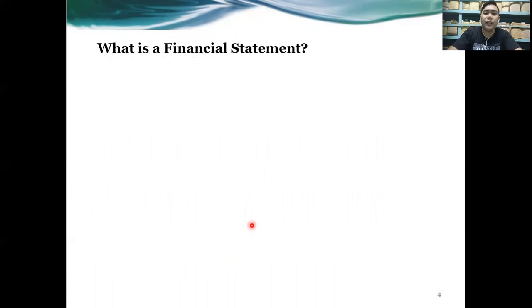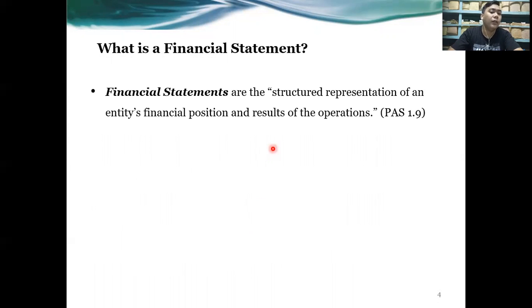So what is a financial statement? Let's define first what a financial statement is. Financial statements are the structured representation of an entity's financial position and results of operations. That is the definition of financial statements according to PAS 1.